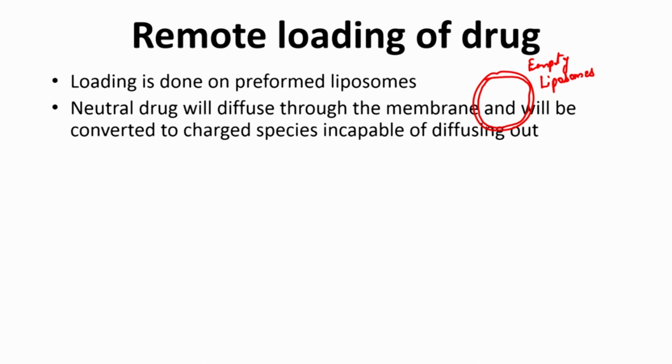So, what you are utilizing is that we know ionic molecules have very little diffusion through lipid, right? So, this diffusion is very low, and if it is neutral then the diffusion is high. That is what you are utilizing.